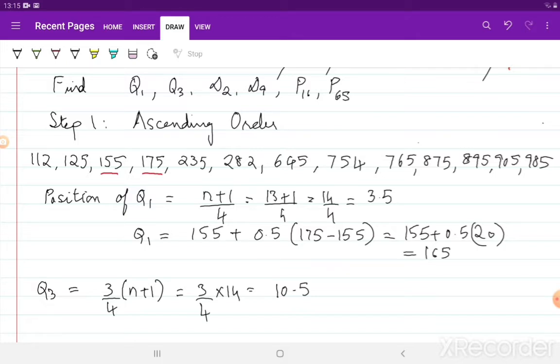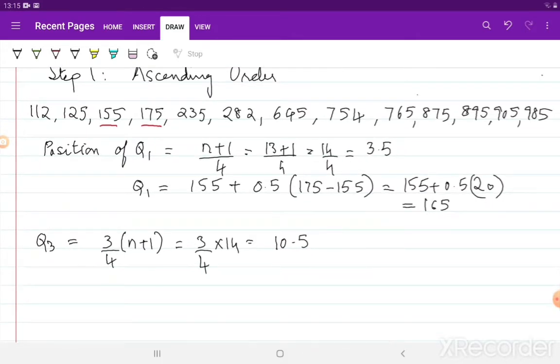Now as you can see, the 10th number is 875, and it is between 875 and 895 that our value of Q3 lies.